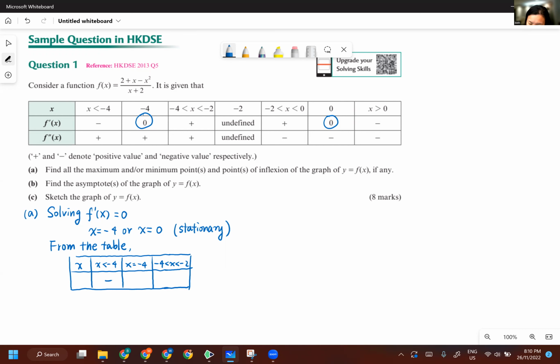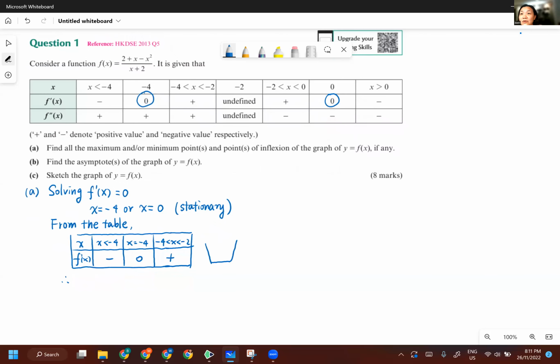This one is negative, 0, positive, meaning negative, 0, positive. Therefore, we know this is a minimum. So I will find out -4 and the value for y. I'll just do rough work for this one. f of -4 is -18. So (-4, -18) is a minimum point.